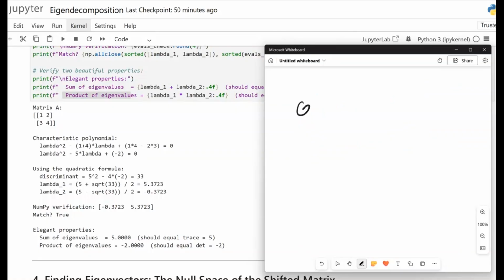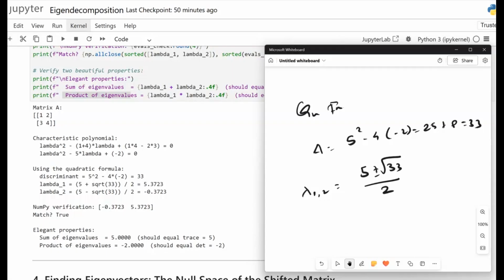And by using the quadratic formula, lambda is equal to 5 squared minus 4 into minus 2, which is 25 plus 8, which is 33. So lambda 1 and 2 equal 5 plus or minus square root of 33, divided by 2.